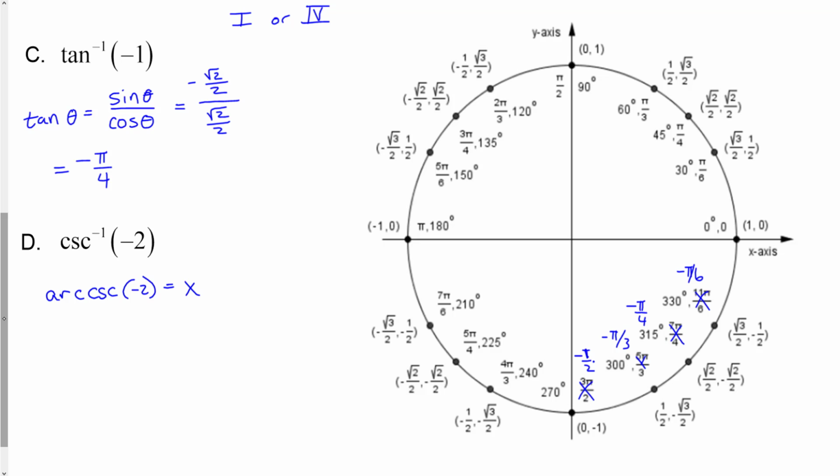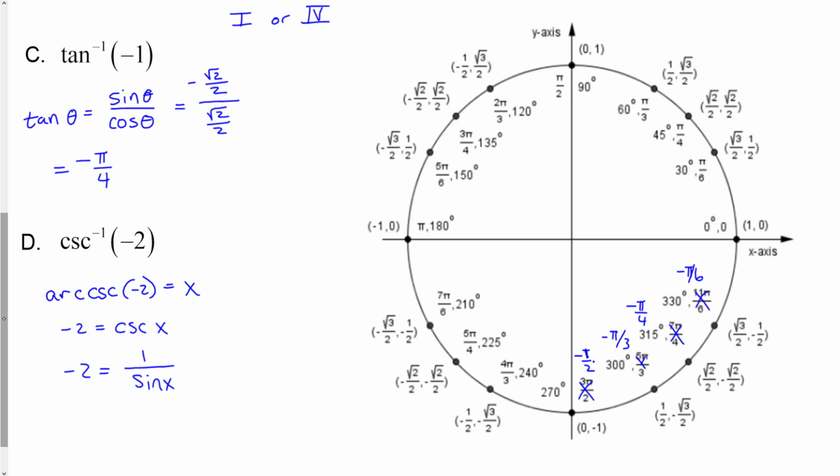Now, what that means is if I took the cosecant of both sides, then I could say negative 2 is equal to the cosecant of x, which also means negative 2 is equal to 1 over the sine of x.